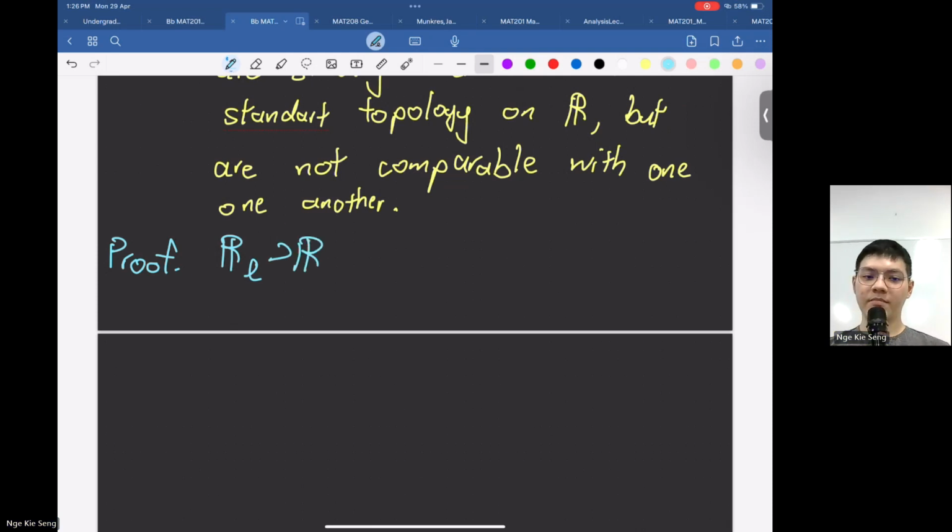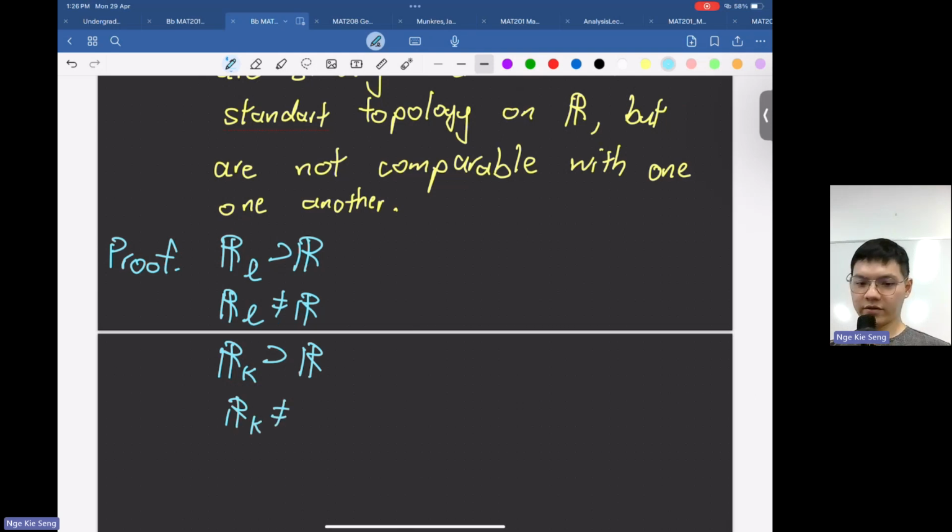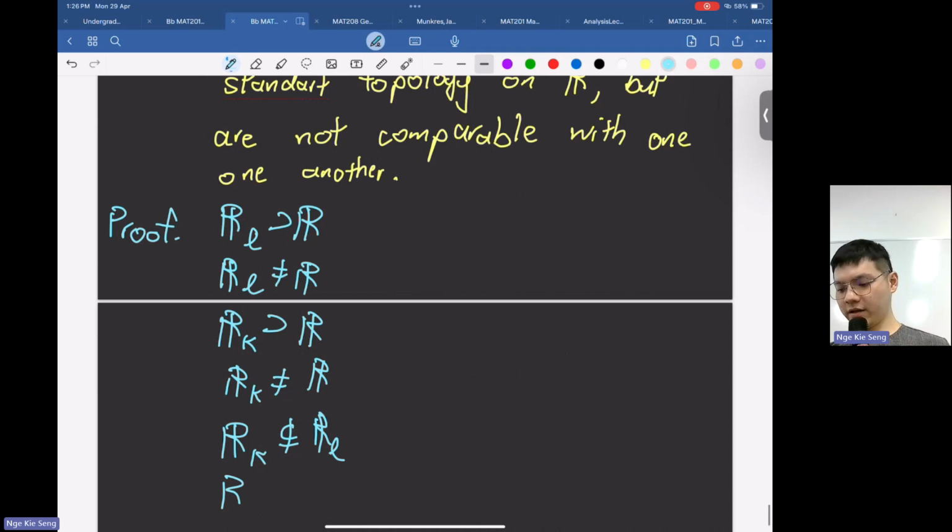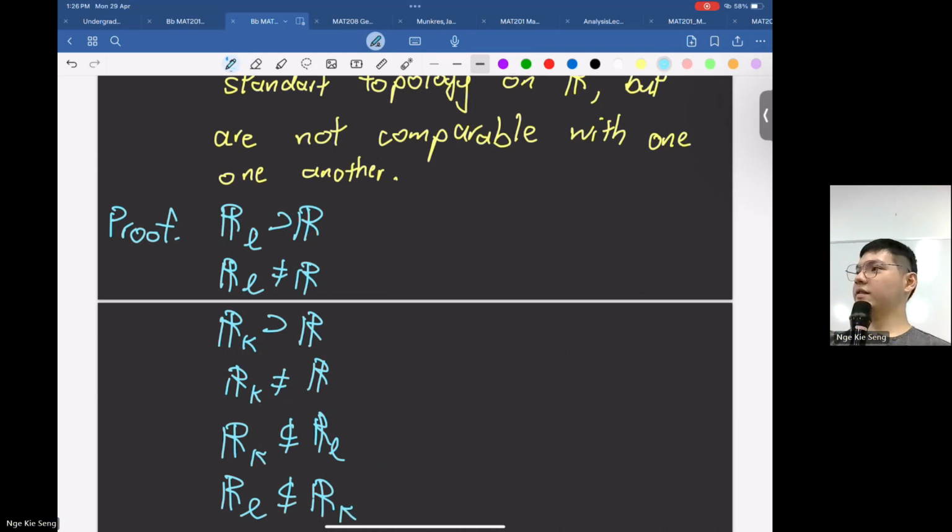But R_L does not equal R. And then R_K contains R, and R_K does not equal R. And R_K is not a subset of R_L, and R_L is not a subset of R_K. Okay, I'll let you think about it. Spend some time, you can talk with your friend.